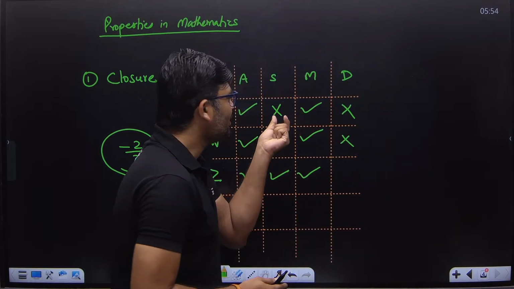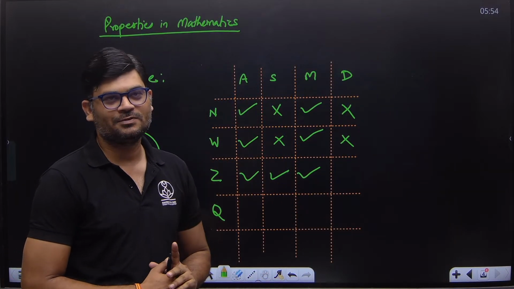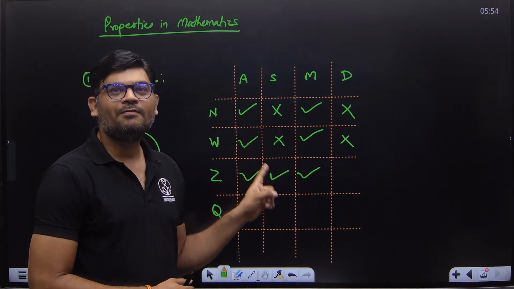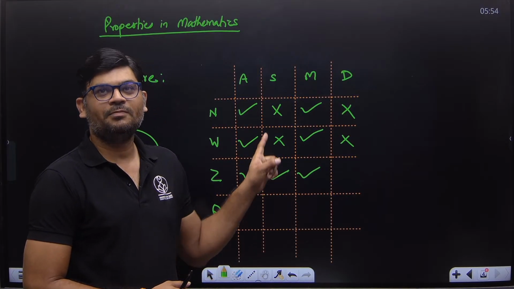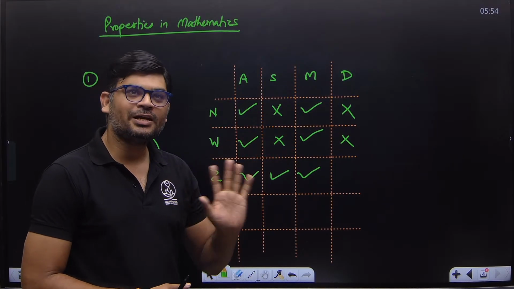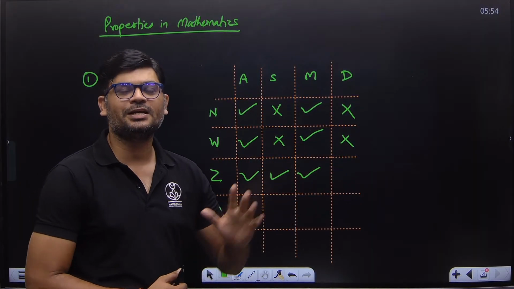So if something is not valid for subtraction, it is never valid for division as well. But it doesn't mean the other way. It may be valid for subtraction, but not for division. For addition and multiplication, it is true, but not for subtraction and division.